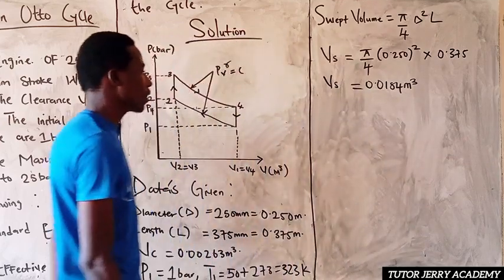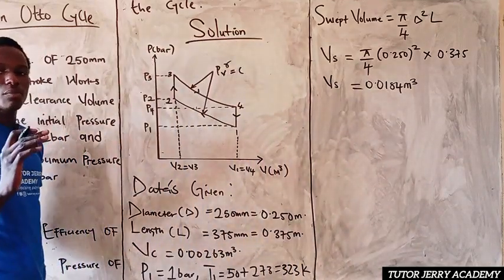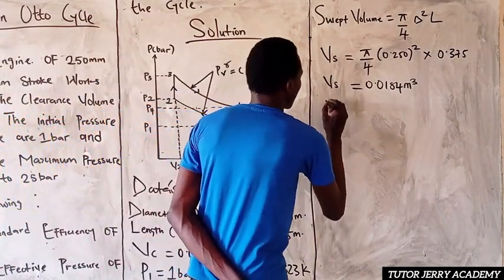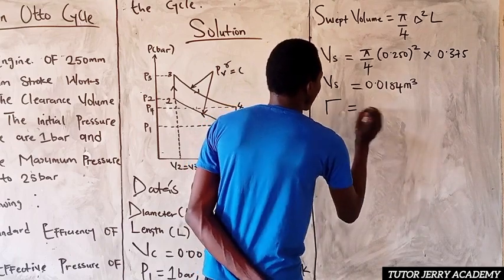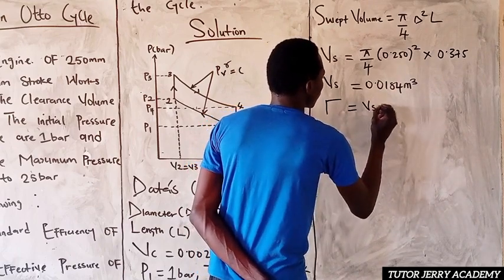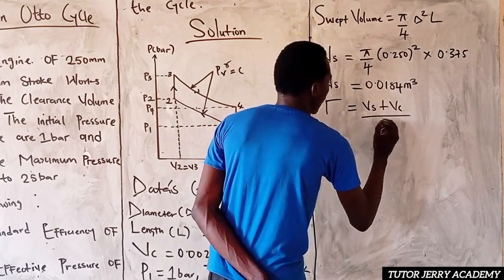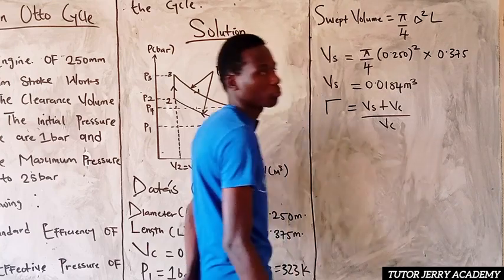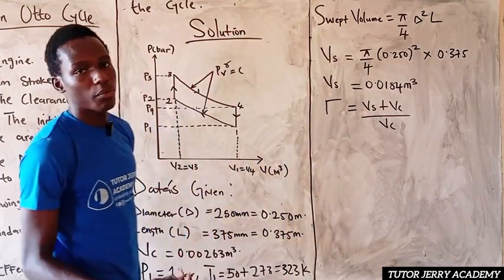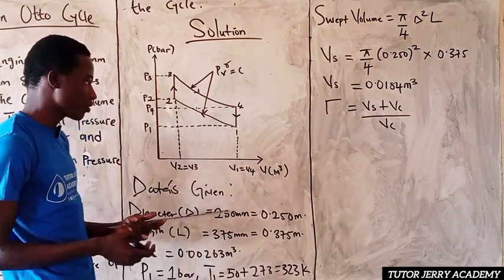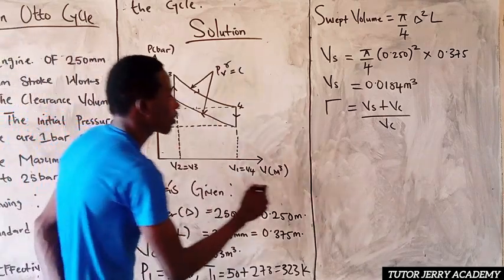Next, we are going to look for our compression ratio. Our compression ratio is equal to swept volume plus clearance volume, all divided by our clearance volume. That is our compression ratio. So let's substitute our values.